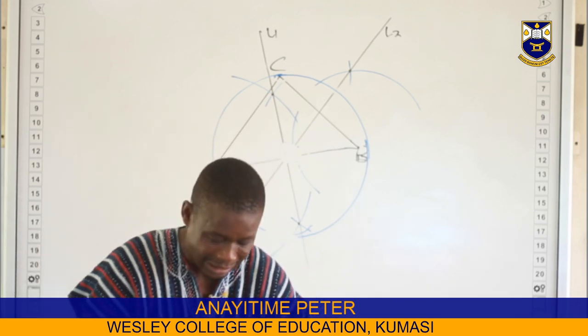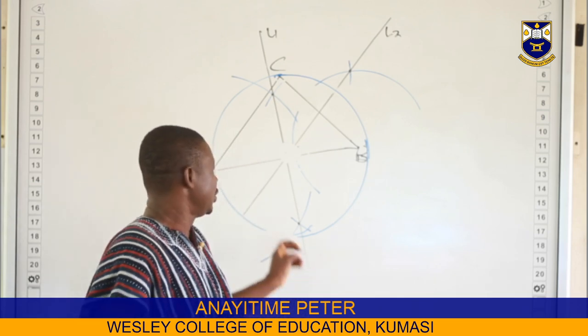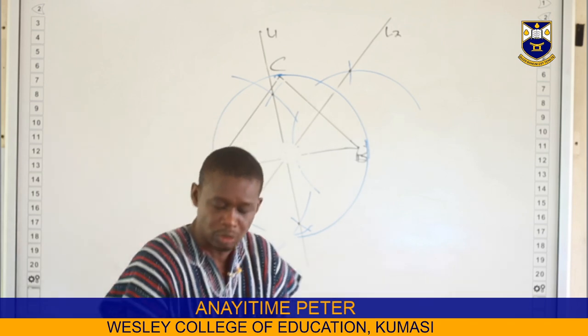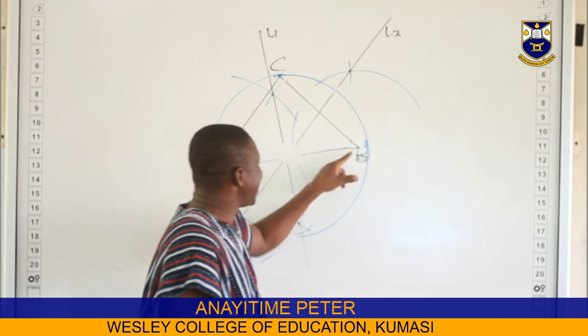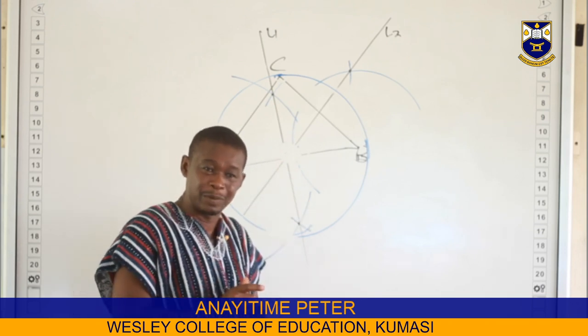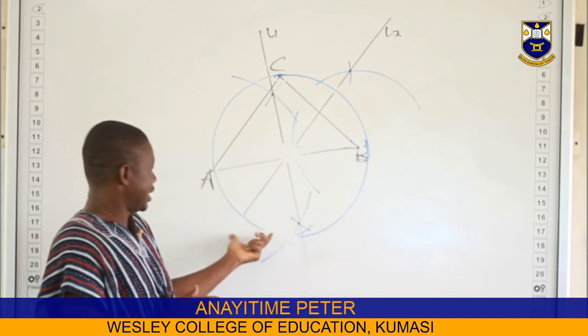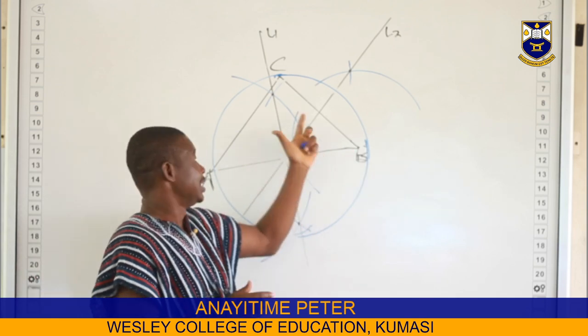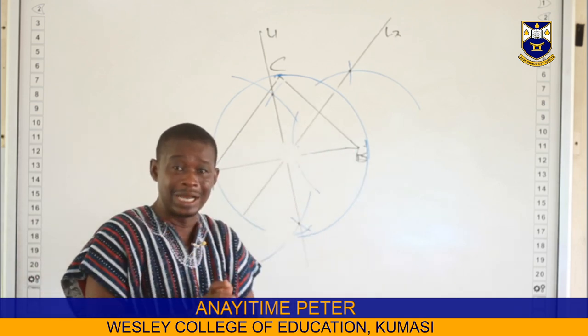So please, when you are doing it, you must be very, very careful, because if you make some small mistake, you will see that the circle may not pass through all the 3 points. Look at what is happening here. You could see that it is not passing through this. It is because of the blackboard design I'm using.